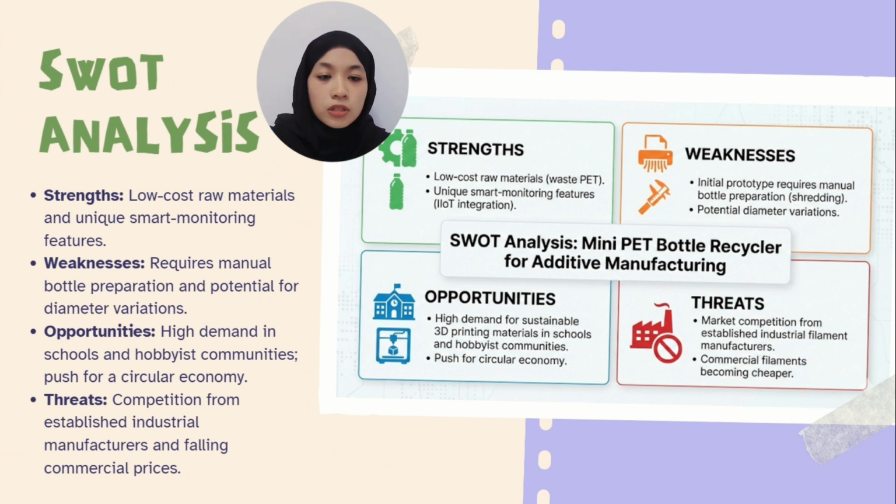Next, for our opportunities, we have high demand in schools and hobbyist communities, which will push for a circular economy. Lastly, the threats are competition from established industrial manufacturers and also expected falling commercial prices.